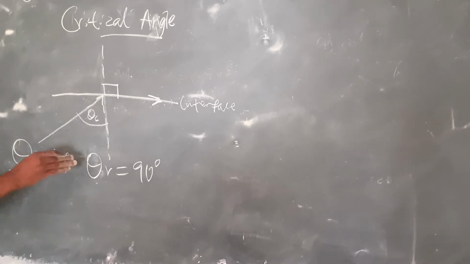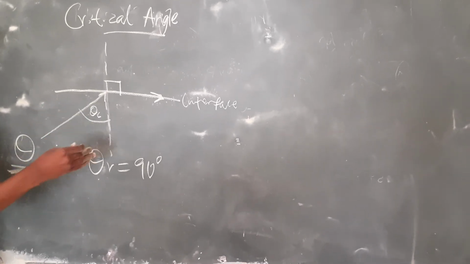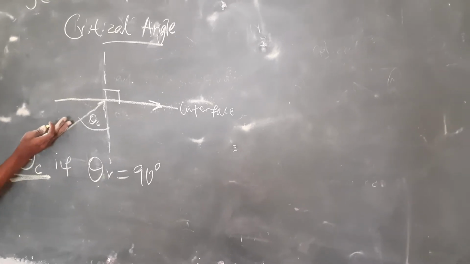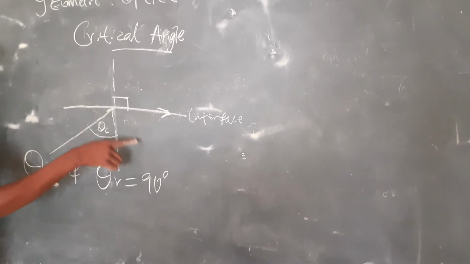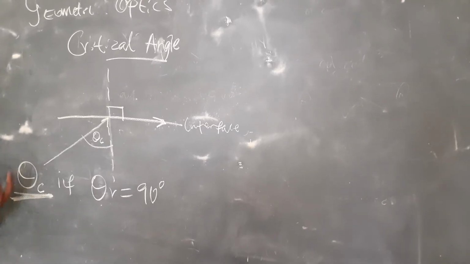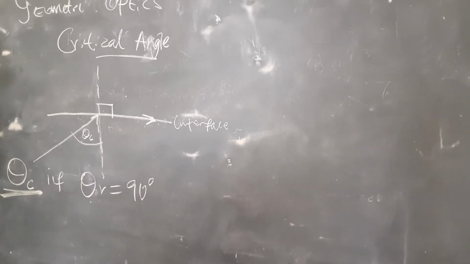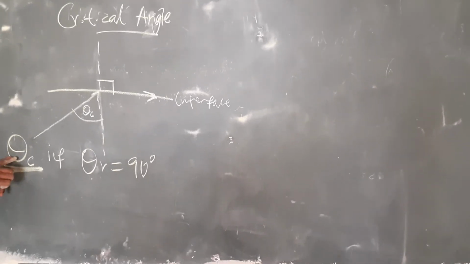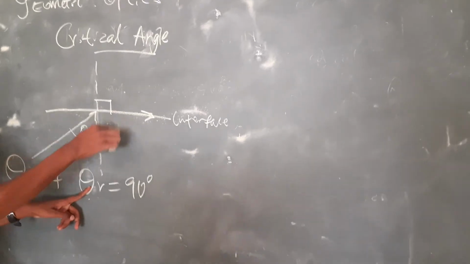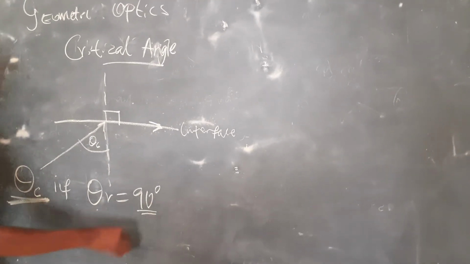But now, when we go forward to total internal reflection, if the angle is greater than this, then it creates total internal reflection. But that's the topic that we are going to be talking about when we proceed. So now, the critical angle is only found when the refracted angle is equal to 90 degrees.